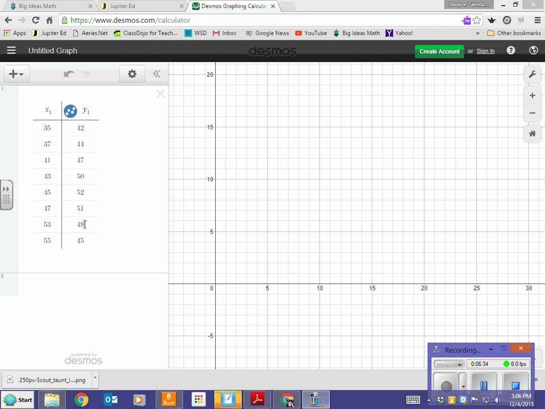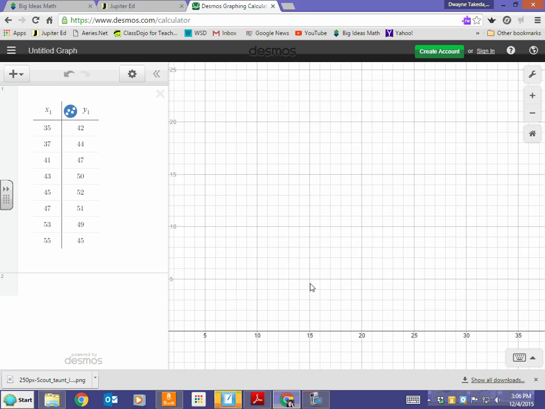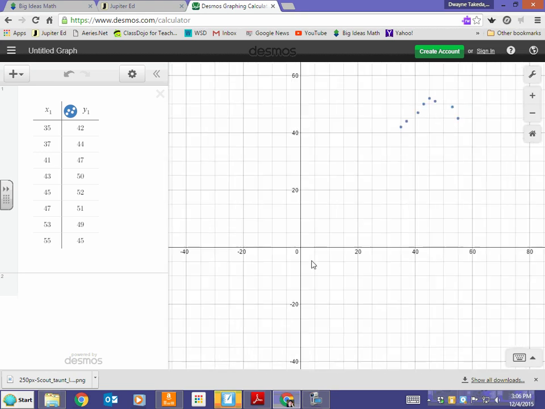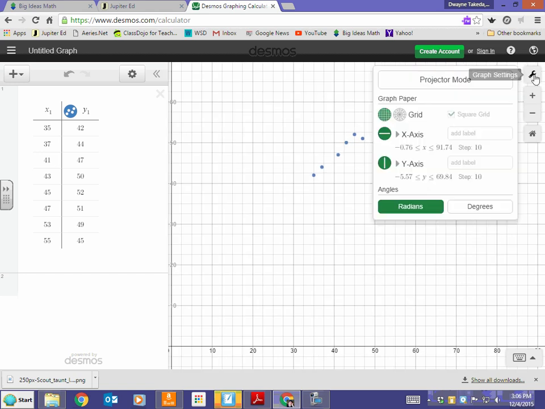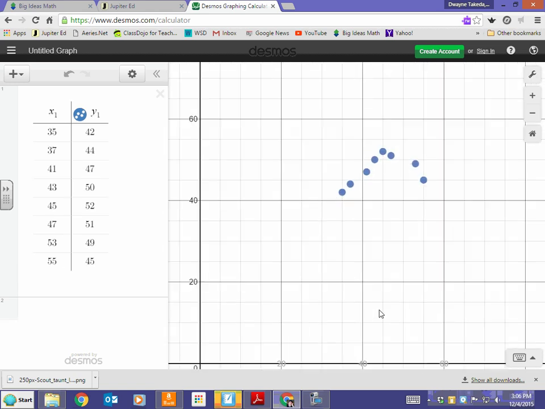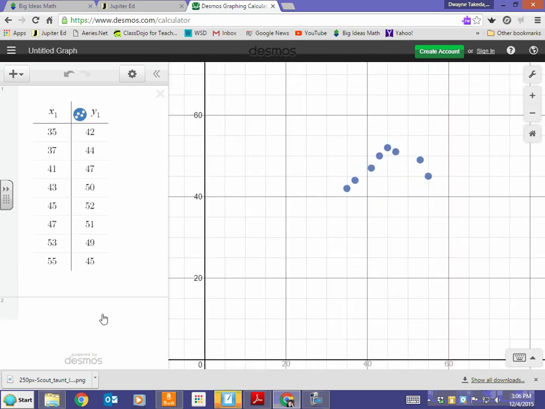Okay, so let's find these data points here, first of all. Here we go. Turn that up so you can see that a little bit better.